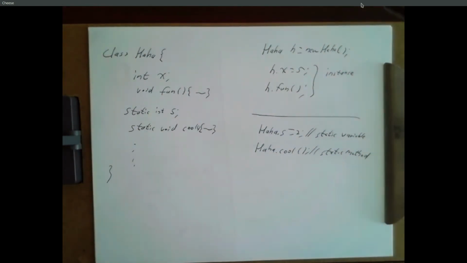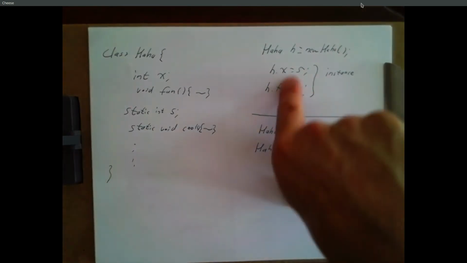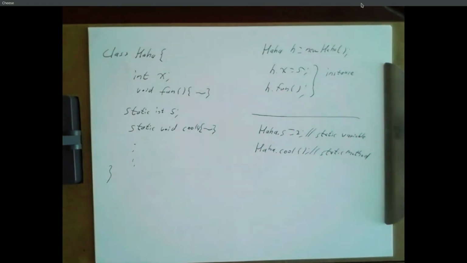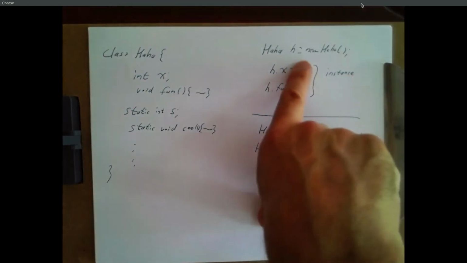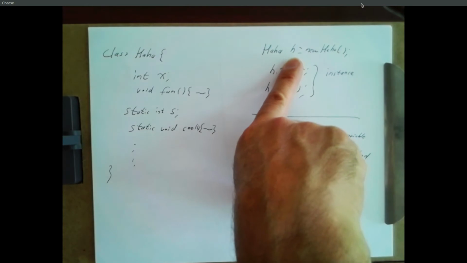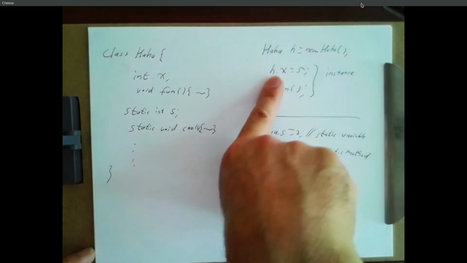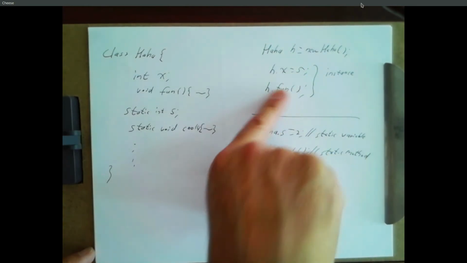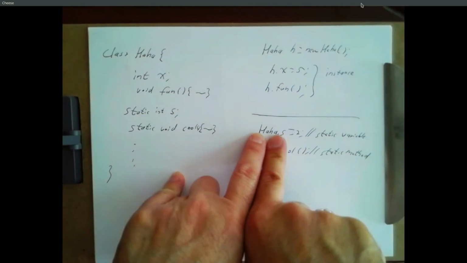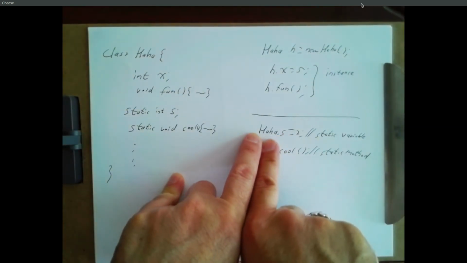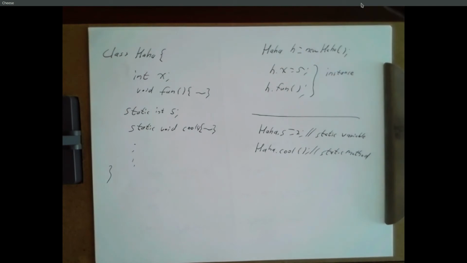These are also called class variables or class methods. So instance variable, instance method, that's just using an instance of the object, right? H is an instance of the object, a particular haha, right? It's using that instance to access these elements. Static variables or class variables are using the actual name of the class to access them.